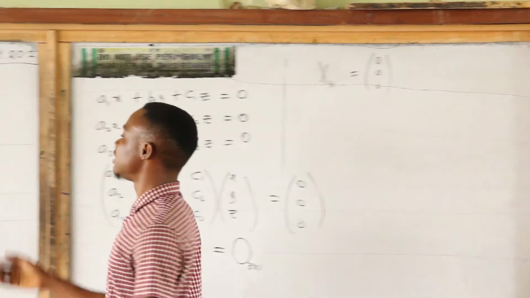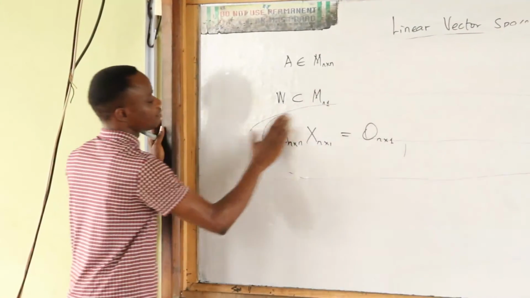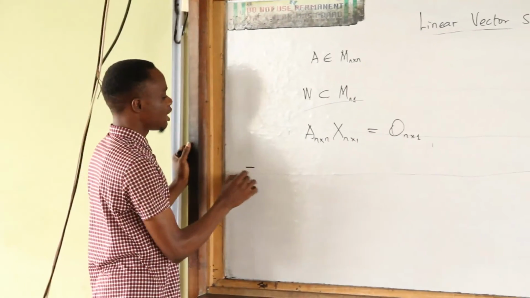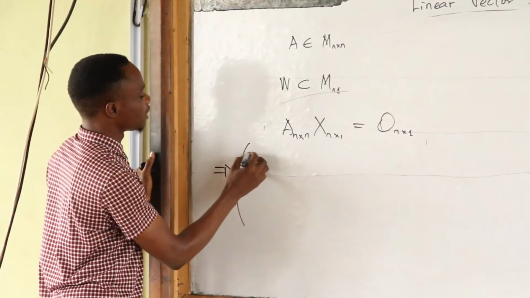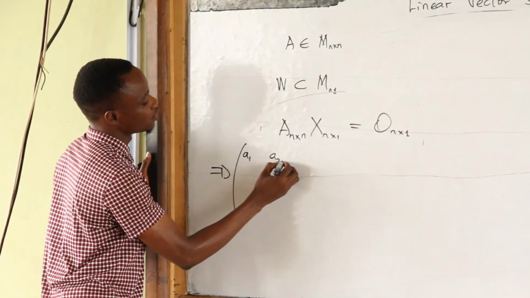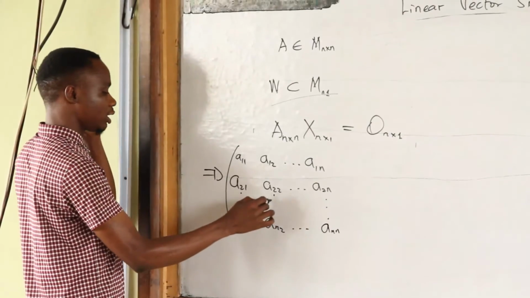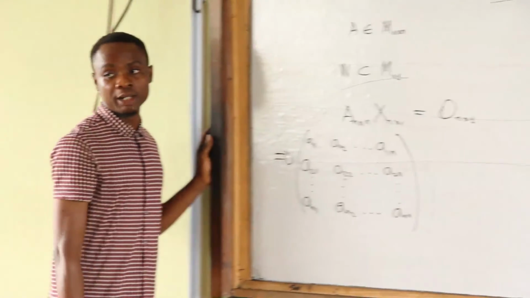Alright, so you can generalize this for an n by n matrix. If you want to generalize this for an n by n matrix, please pay attention, you have something like A1, A2, and so on, up to An this way. Clear? This will be the general n by n matrix.